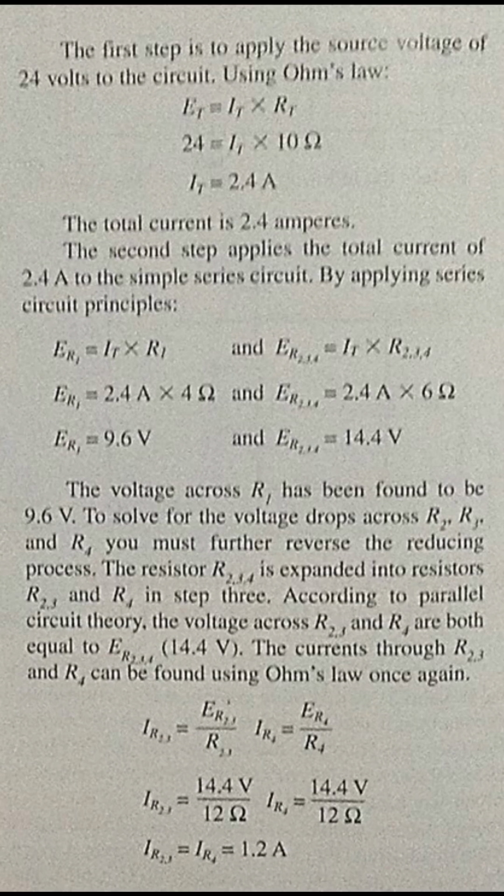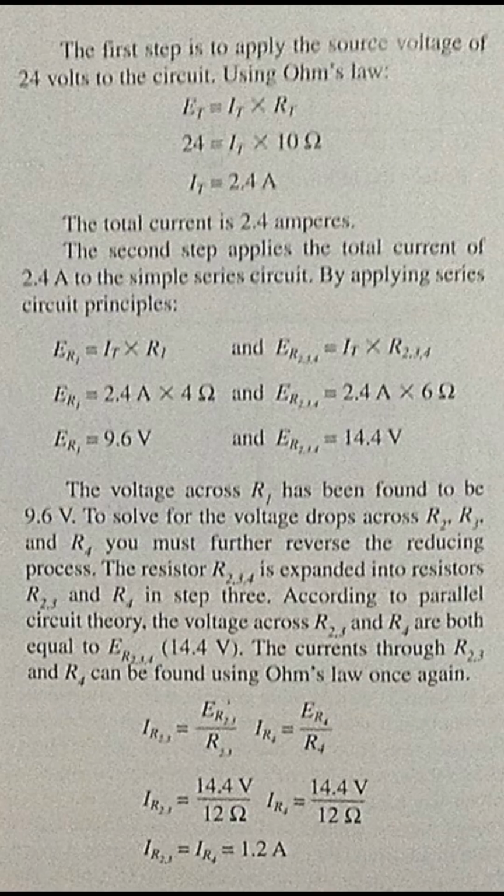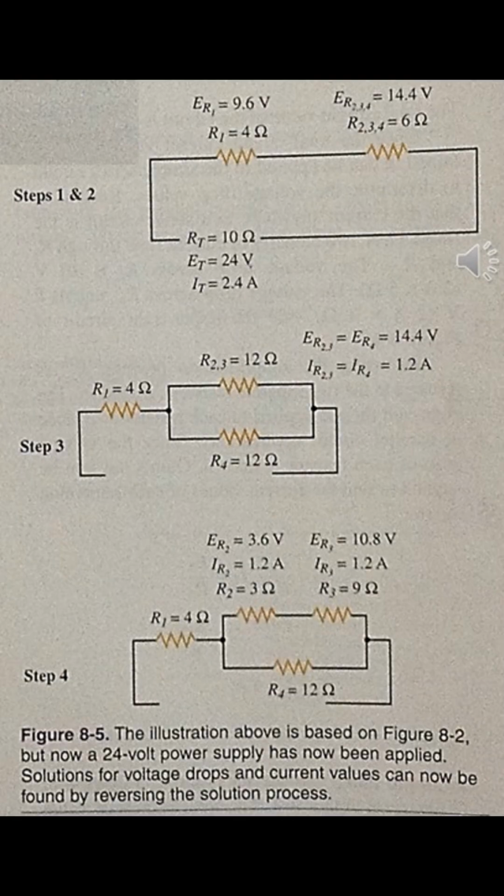The second step applies the total current of 2.4 amps to the simple series circuit. By applying series circuit principles, voltage R1 equals current total times resistance 1, and voltage drop at R2, 3, and 4 equals current total times the resistance at 2, 3, and 4.